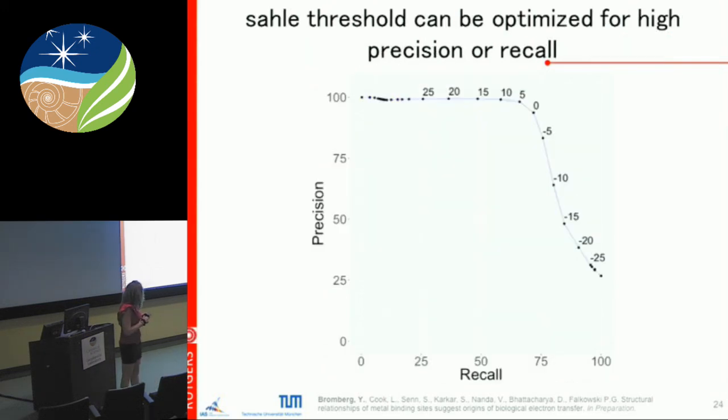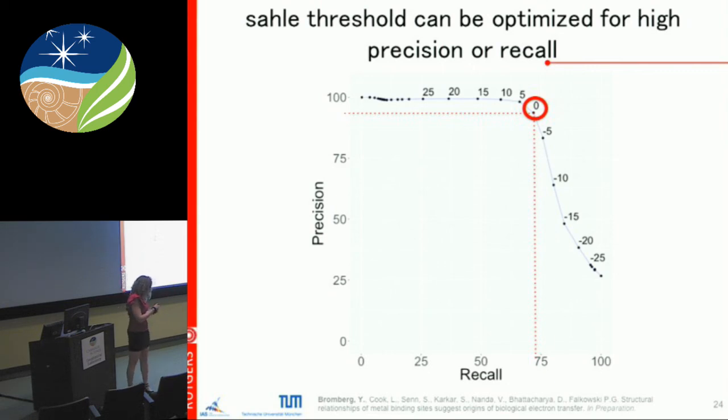So the idea is that if you go away from the curve that I just showed you, and go up in sequence identity, you get much more reliable predictions. And the further up you go, the better you get. So 0 is the curve, right? If I go 5% sequence identity further up from the curve, that gives me higher precision, higher accuracy in naming things, at the cost of recall: how many of the pairs that do perform the same function I actually get.